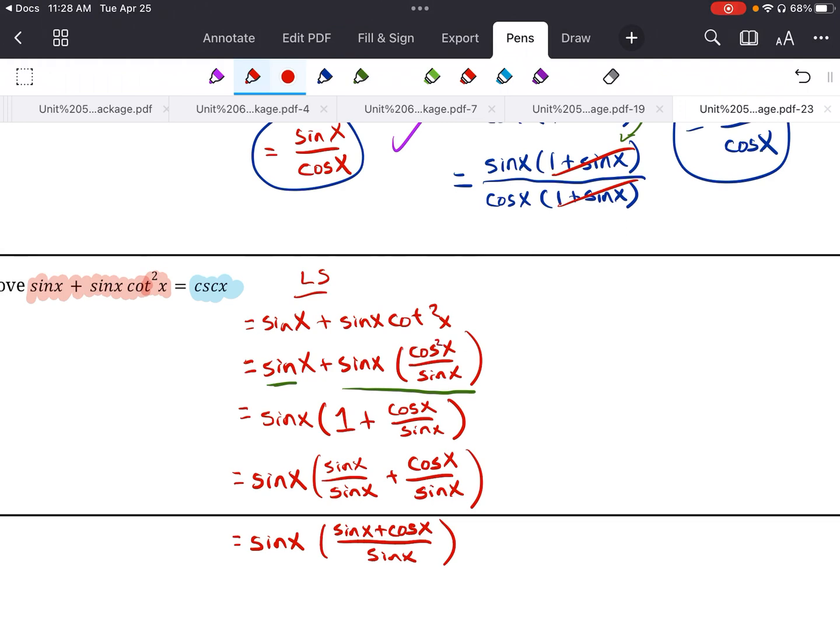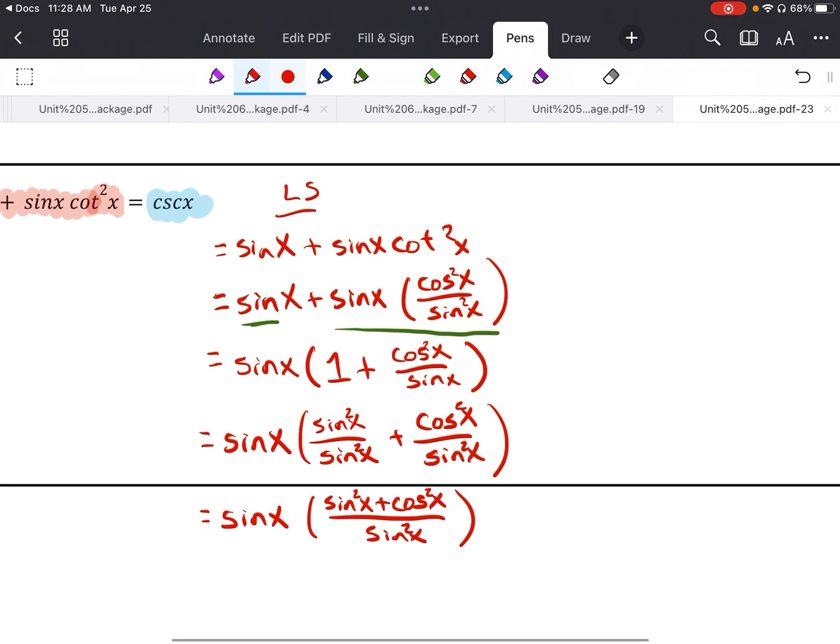Oh, these are supposed to be squareds. My mistake. Sorry about that. It was cotan squared. Okay. Sine squared x plus cos squared x gives us 1 over sine squared x.